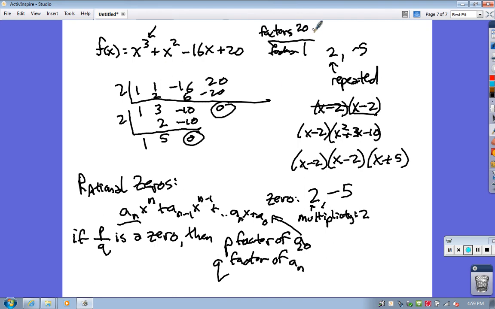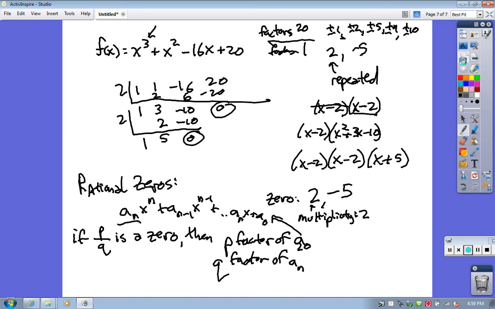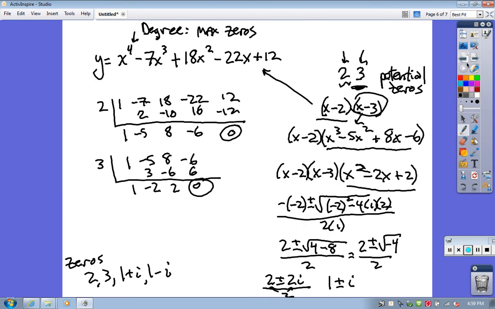Factors of 20: plus or minus 1, plus or minus 2, plus or minus 5, forgot 4, plus or minus 4, plus or minus 10, and those would all be over 1. Notice negative 5 is one of them and 2 is one of them, and we could go back to work that we've done and check that as well.